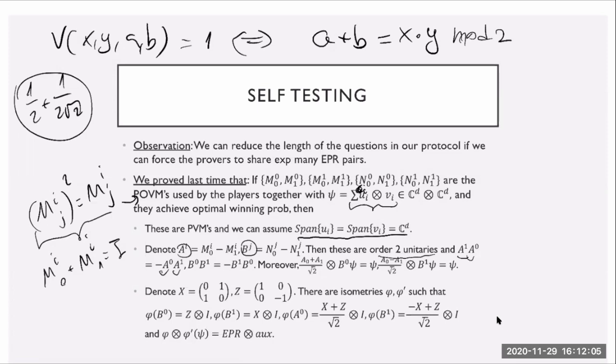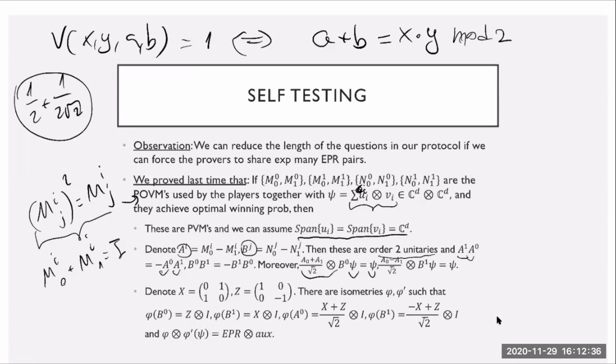And also we showed that actually, if you take A0 plus A1 divided by square root of 2, take the tensor product of this matrix with B0, and you act with it on the state psi, it is an eigenstate of this matrix with eigenvalue 1. So if you act with this matrix on this vector, it's like the identity acting on this vector.